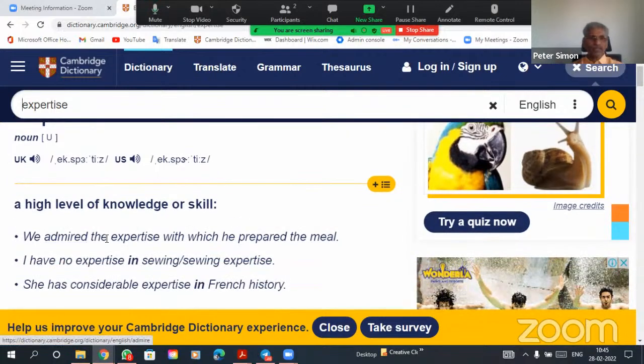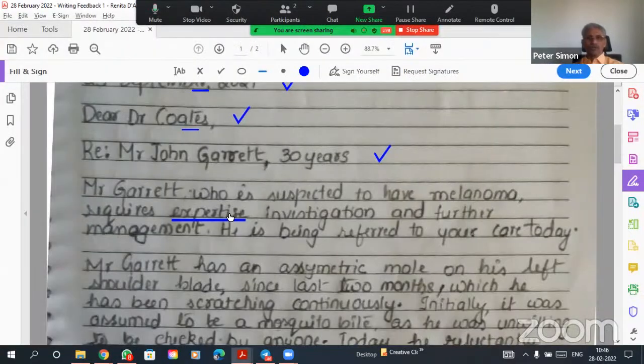We admired the expertise. I have no expertise. She has considerable expertise. So you are using it as a noun, not as an adjective. But what you did is you used it as an adjective, expertise investigation. How can you use it like an adjective? You cannot use that word there.